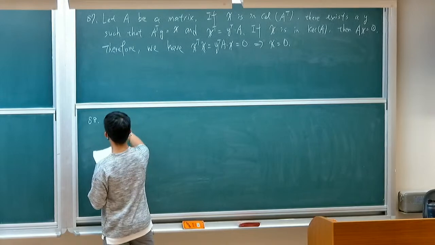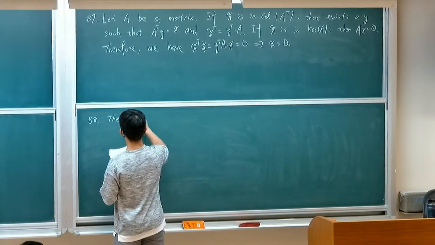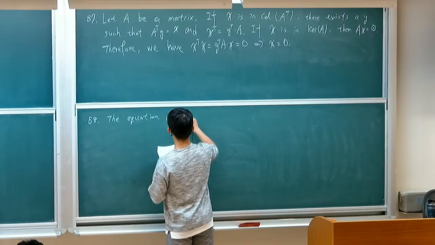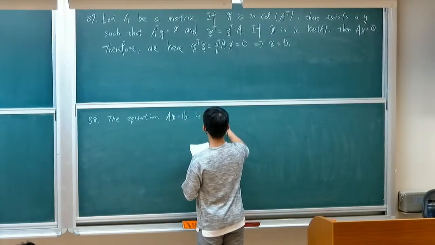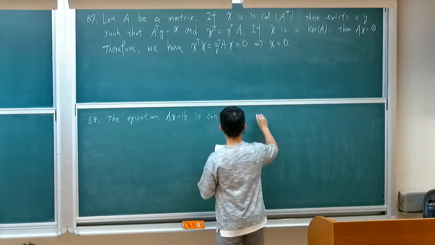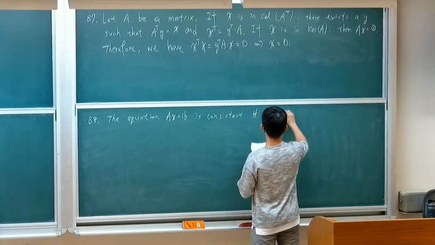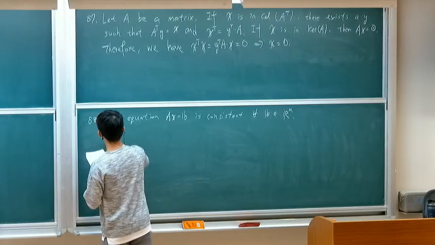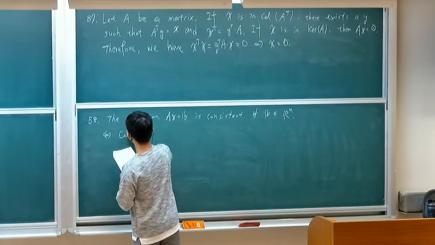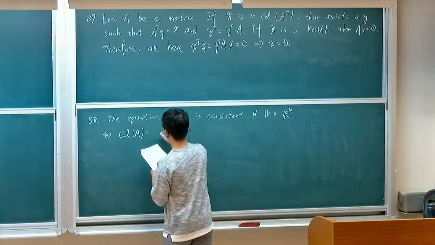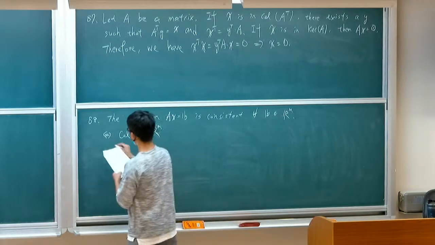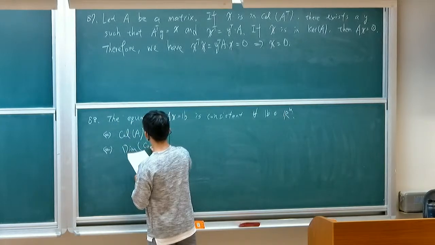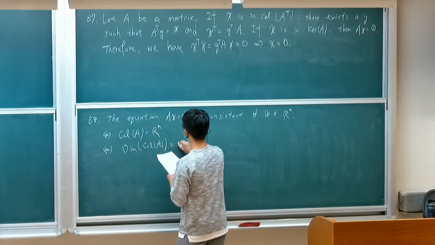Here we start from the equation AX equals B is consistent for all B in Rn, and this is logically equivalent to the column space of A being equal to Rn, and we know that the dimension of Rn is equal to n.